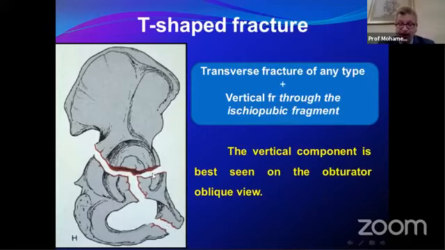The T-shaped fracture is a transverse fracture of any of the three types plus a vertical fracture through the ischiopubic fragment. So only this part differentiates the transverse fracture from the T-shaped fracture. The vertical component is best seen on the obturator oblique view.